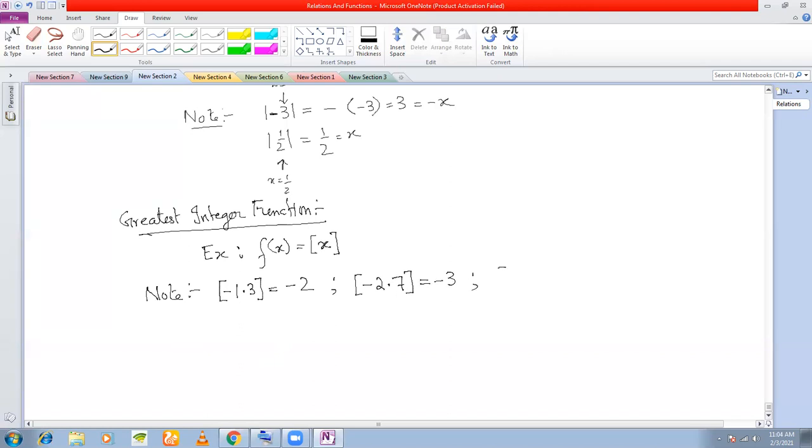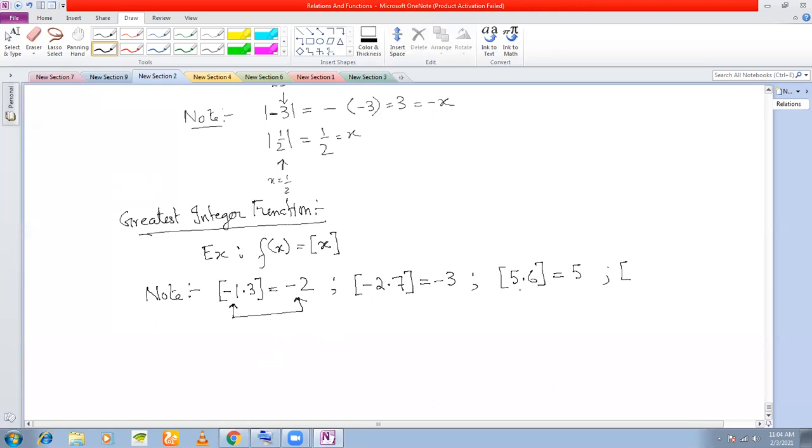Suppose I want to find out the greatest integer for 5.6. In this case, it will not be 6. In this case, it will be 5. See, minus 1 is here, right? So after minus 1 comes minus 2, and minus 2 is the greatest integer.